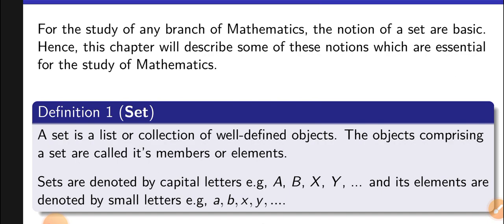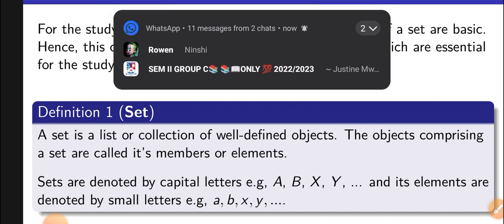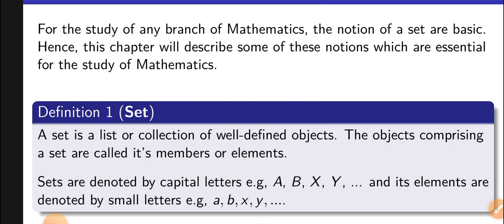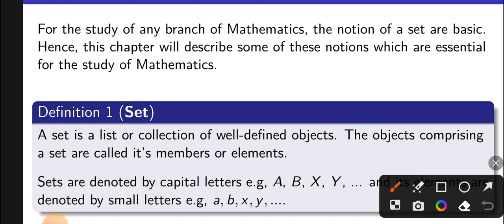If we get, for example, a stick, and then a bulb and, what's this, maybe a stone, there's nothing common between those three, so they don't qualify to be called a set. No wonder they are saying a set is a list or collection of well-defined objects. Those members of a set are what we call elements. Elements are members of a set, so they are called members or elements.